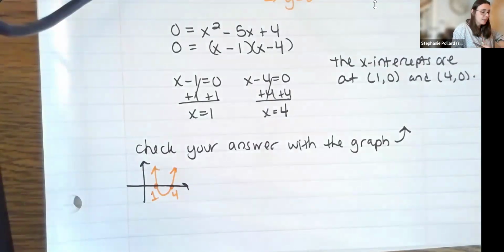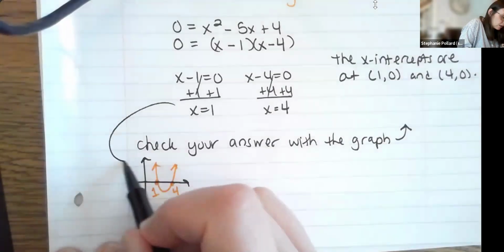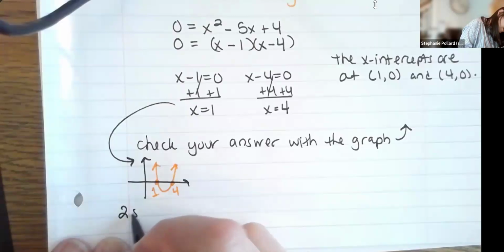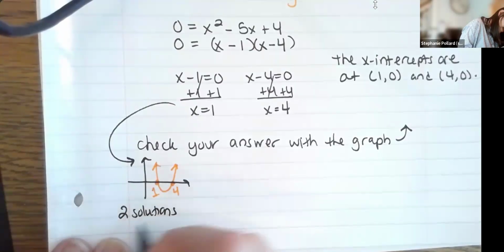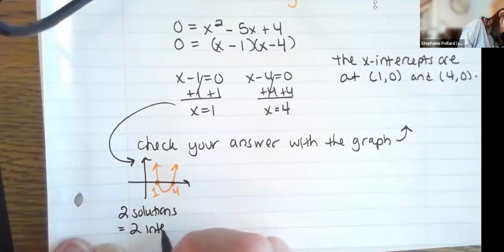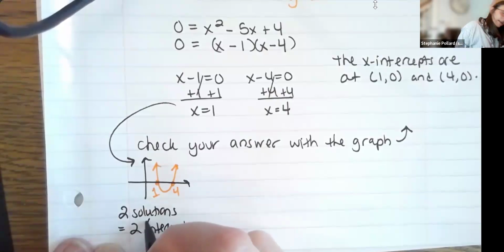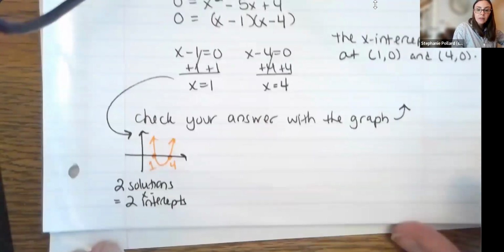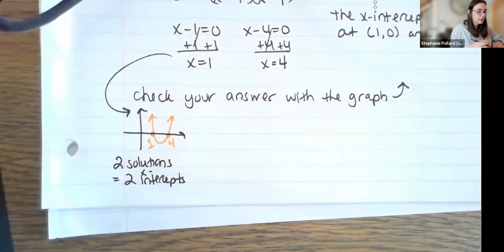I was able to see the intercepts right here. So when I had 2 solutions to the algebra, I had 2 intercepts. Again, these are x-intercepts on the graph. So I was able to visually see these.